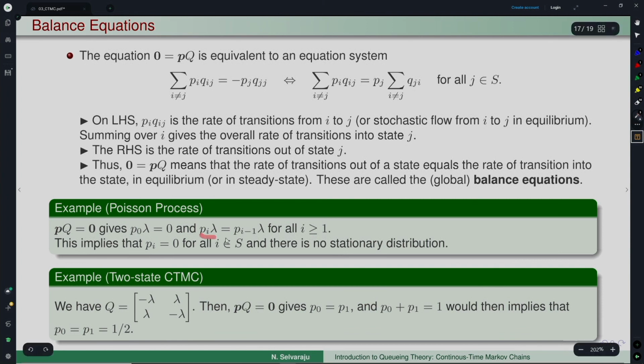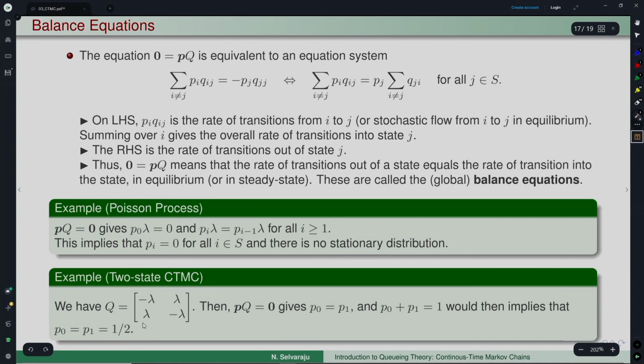So, this is the flow balance equation. In that particular case, with the rate lambda it moves out from state i to state i plus 1, or from i minus 1 with the rate lambda it comes to state i. That is what happens here, the flow balance.